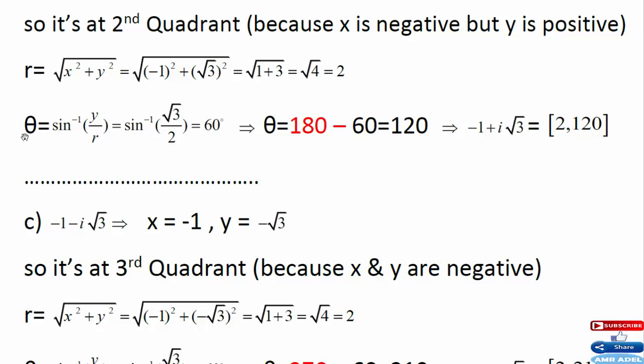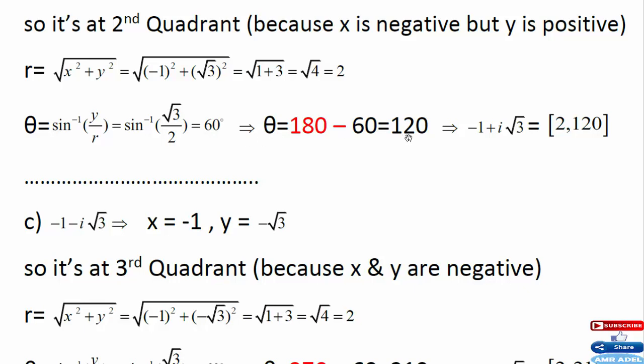But here we have to focus on the angle. The angle equals sine inverse of y, which is root 3, over r. Focus with me. For y, you have to take the number without sign. If it's negative or positive, regardless of the sign, just take only the number. The number is root 3 over 2. Sine inverse of root 3 over 2 is 60. But wait, 60 degrees is not in the second quadrant, so we need to find the real angle.